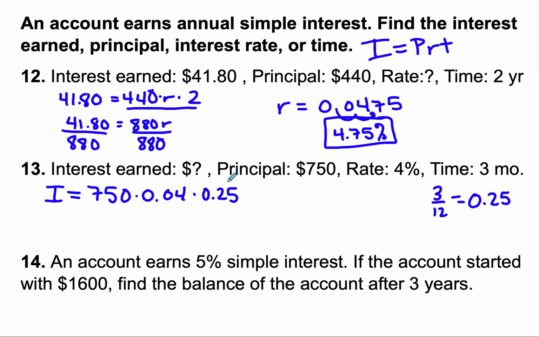All right, so I'm going to do 25/100ths times my 4/100ths times 750, and I get 7.5. That's money, so it needs 2 decimals, even though my calculator only told me 1, $7.50. That's going to be my interest.